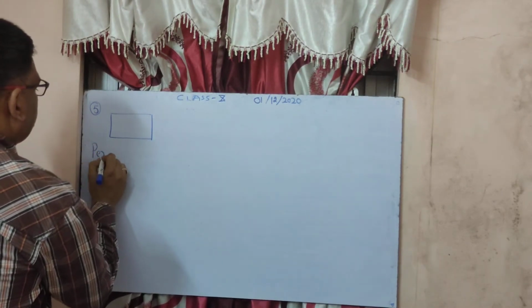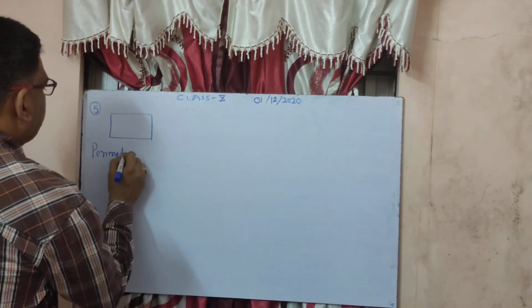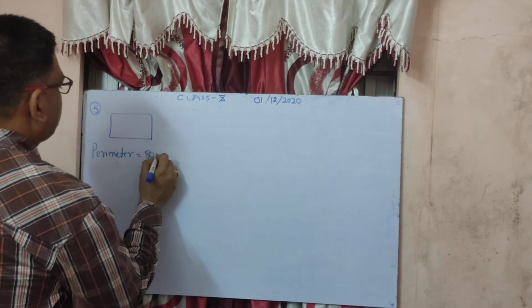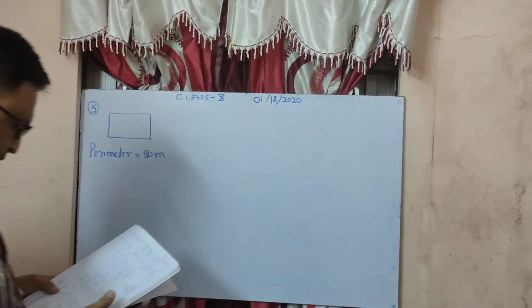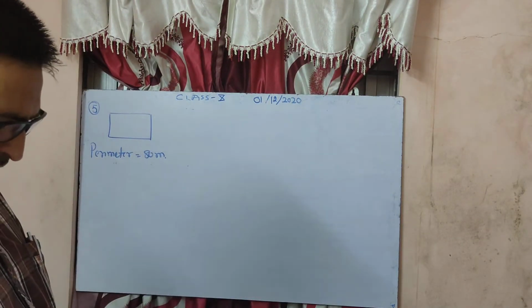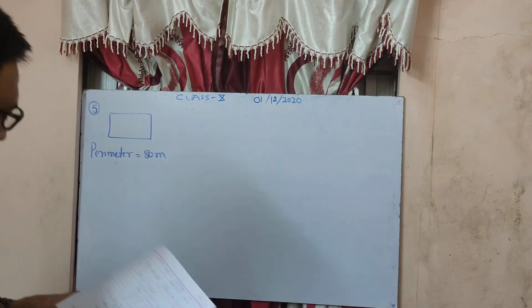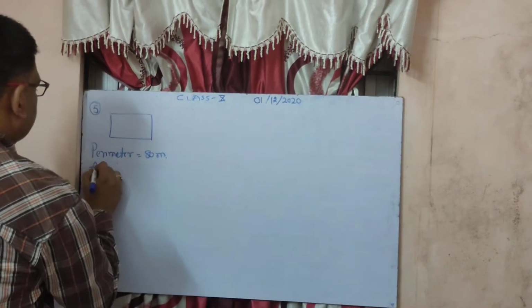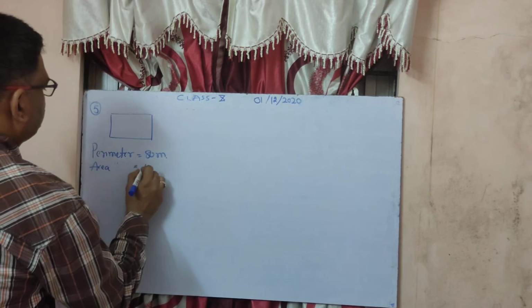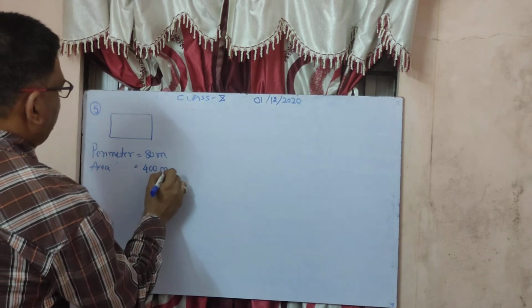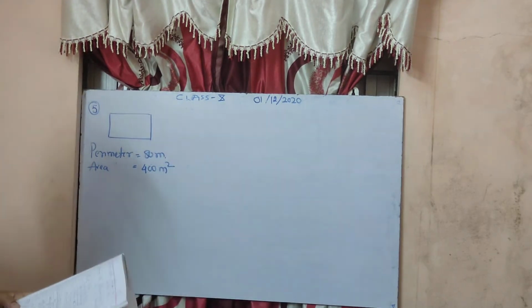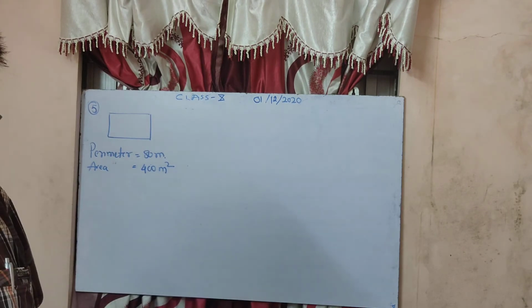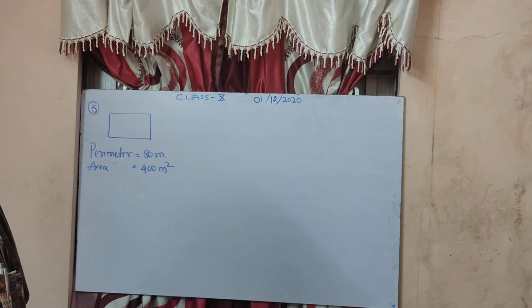Perimeter is given: perimeter is equal to 80 meter, and the area is equal to 400 meter square. So find its length and breadth.